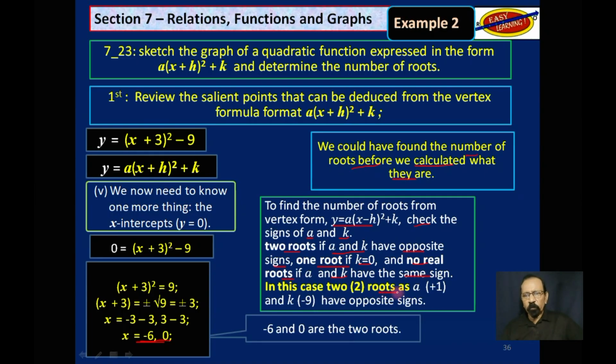In this case, we have two roots as a is positive 1. Remember, there is a positive 1 there. And k is negative 9. They are opposite signs, so we have two roots. As I said, we even know what the two roots are at this point.